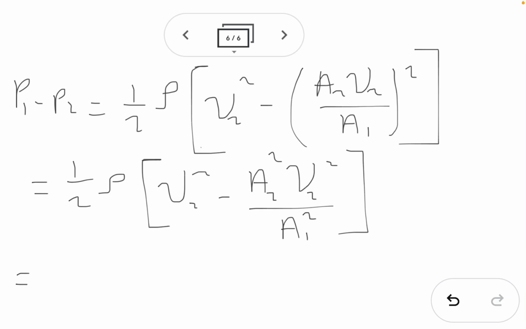We are going to have rho over 2 multiplied by, so we have A1 squared there. I'm going to take you through every step. Then on top here, we do that basic mathematics.